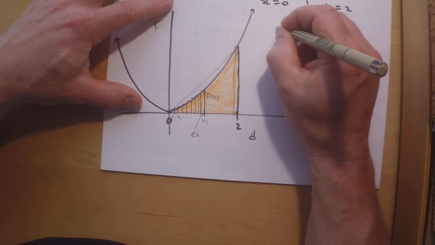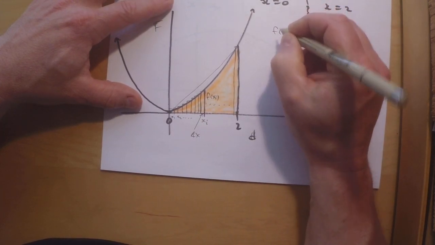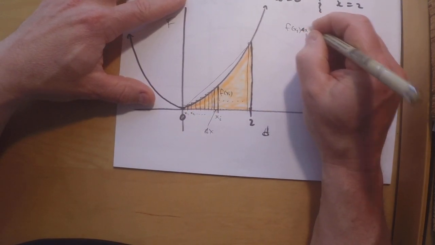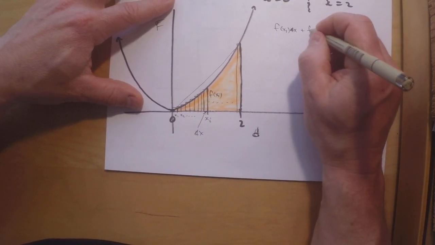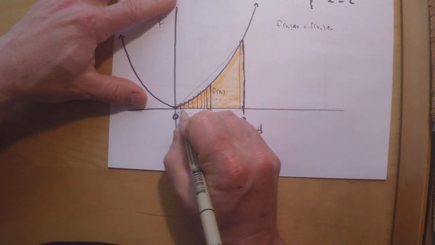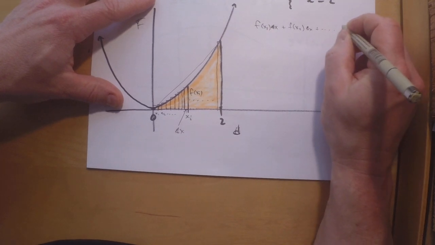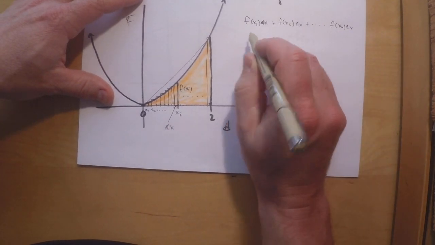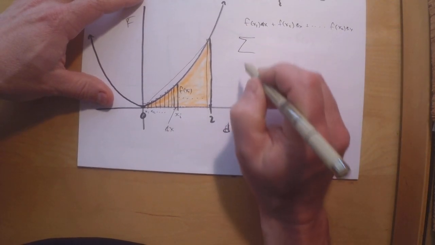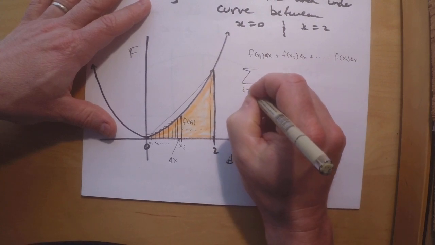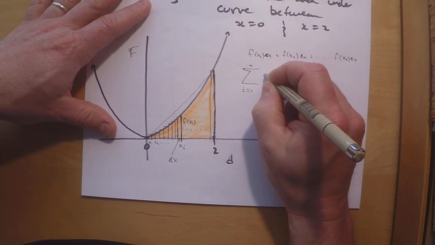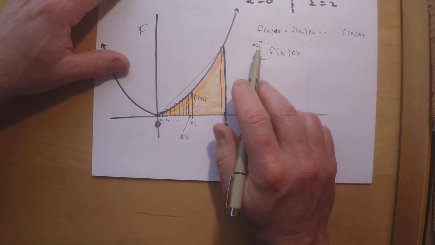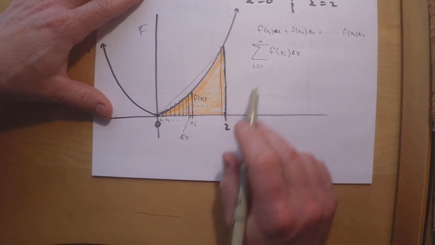For example, you'd have f of x1, the height, times the change in x, plus f of x2 times another change in x, and so on until you came down to the last rectangle, let's call it xn. Then they decided to write this with summation notation: the sum as i goes from 1 to n of f of xi delta x. And then they said, we want n, the number of rectangles, to go to infinity.